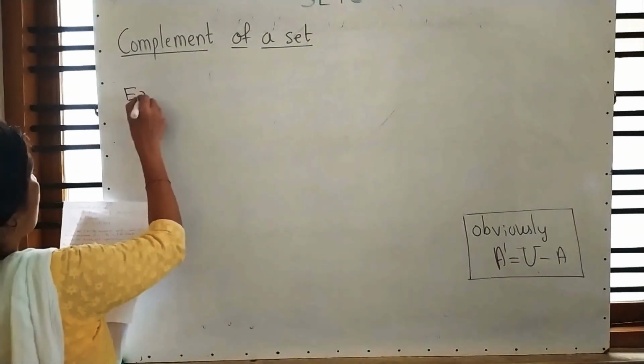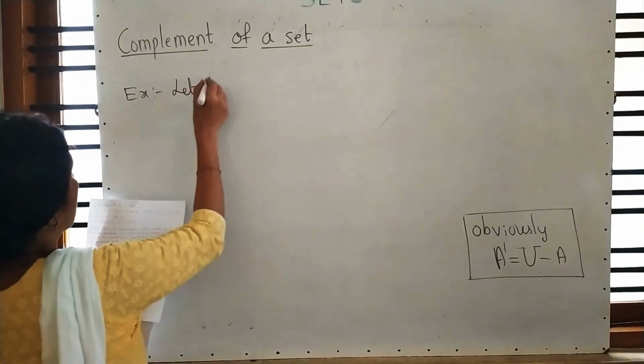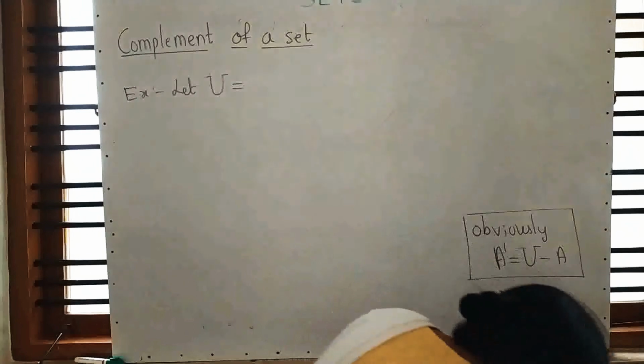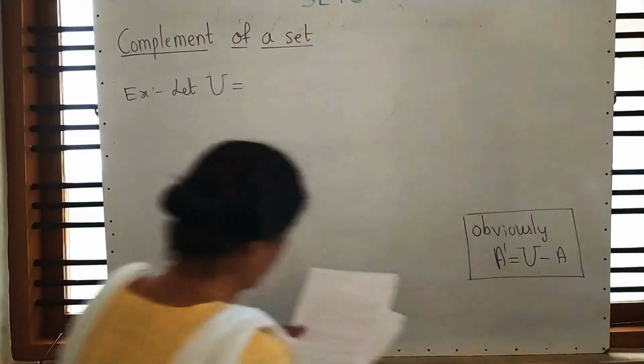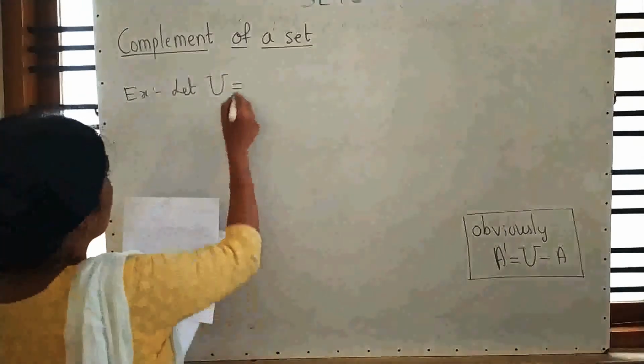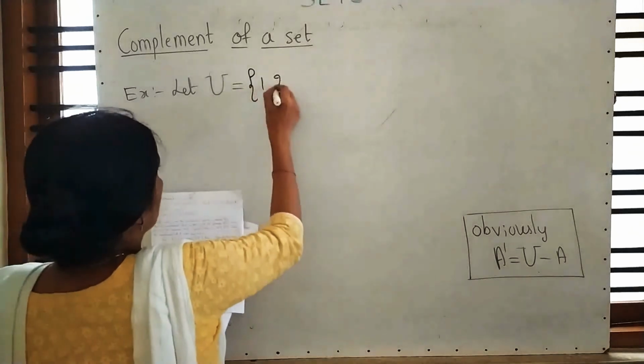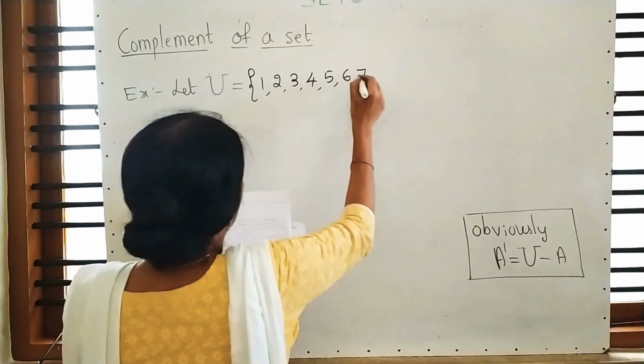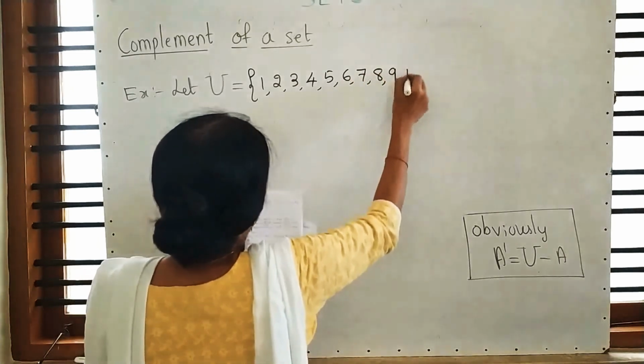Write down the example. Let U be the universal set. U is equal to 1, 2, 3, 4, 5, 6, 7, 8, 9, 10.